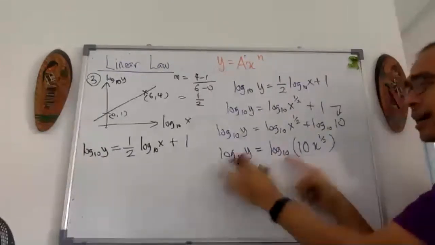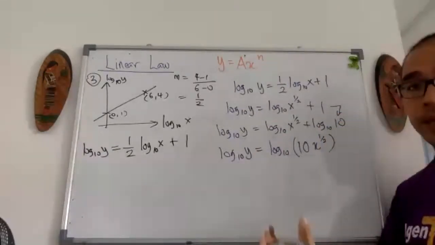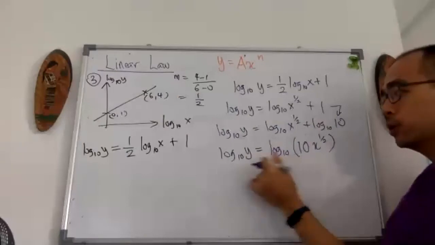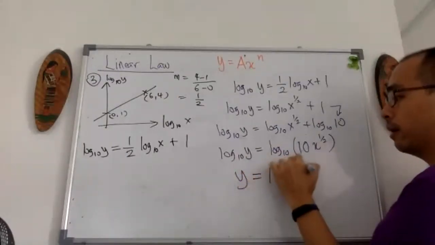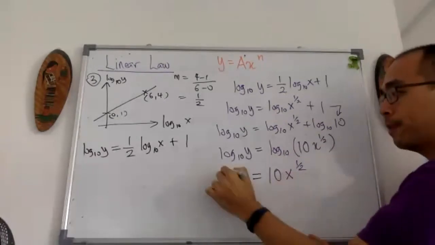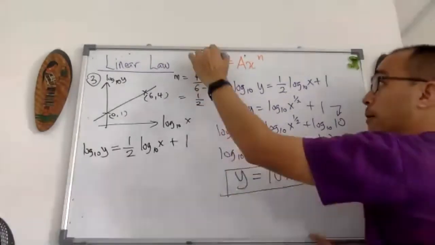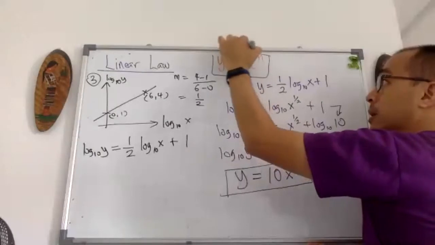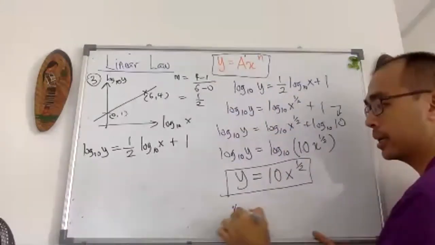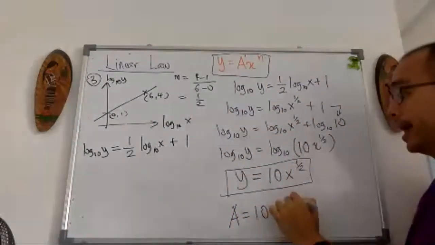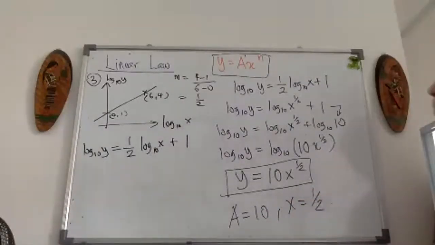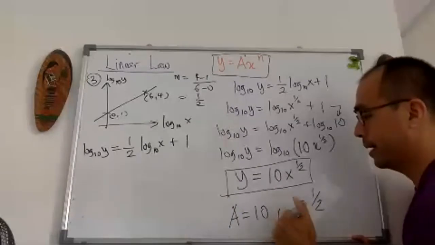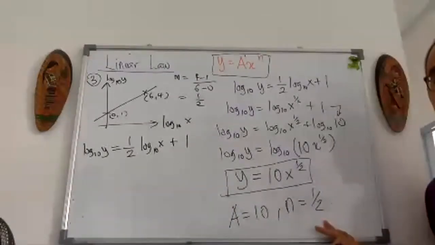In which case, I can finally get rid of the log. I can anti-log both sides, so I get y equals 10x to the power of half. Compare this and compare this, and I can say that a equals 10, n equals half.